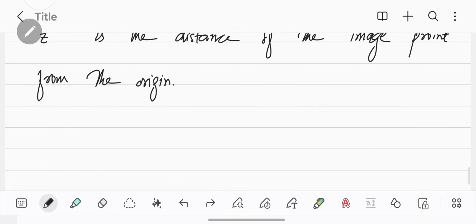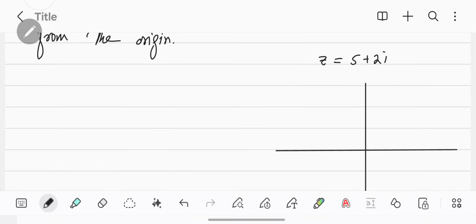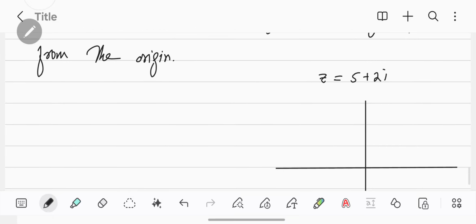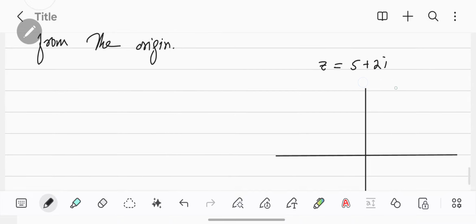Okay? It means suppose you have a complex number, for example, 5 plus 2 iota. If I draw this complex number on the graph, I have 5 comma 2. So 5 is along the x-axis, on the positive side because x is positive.